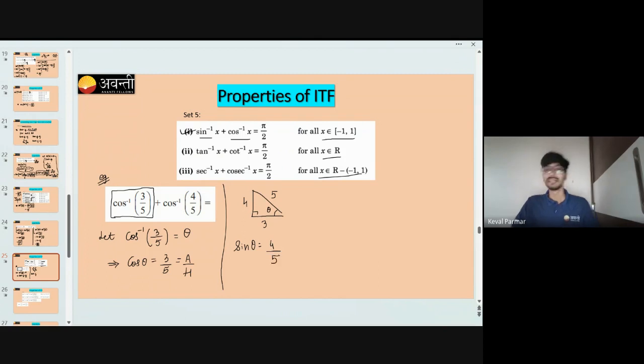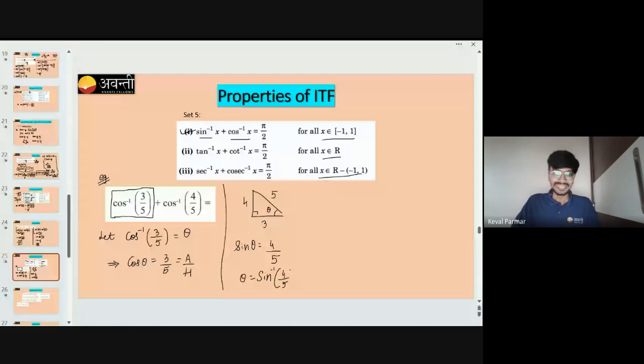But do we want sine theta or sine inverse? We want sine inverse. So again, we will use inverse trigonometry, theta will be equal to sine inverse of 4 upon 5.